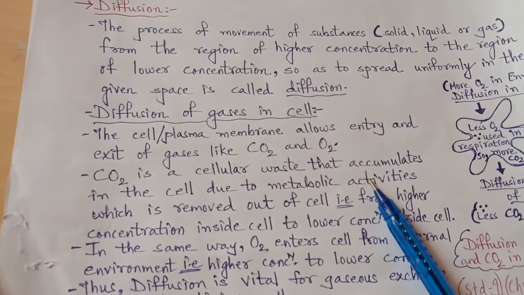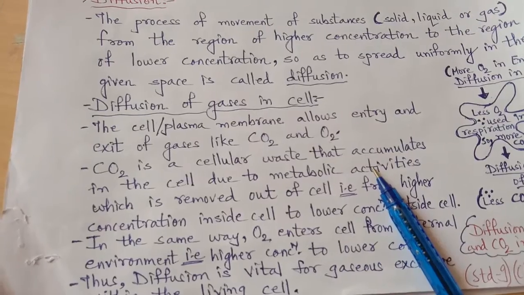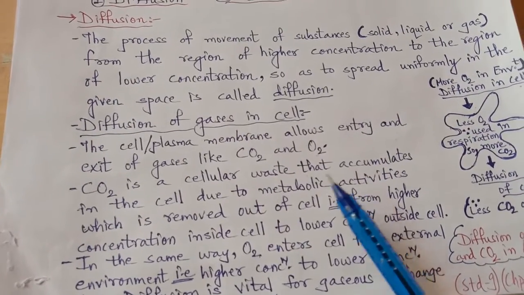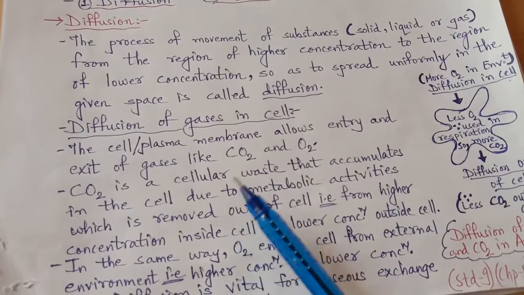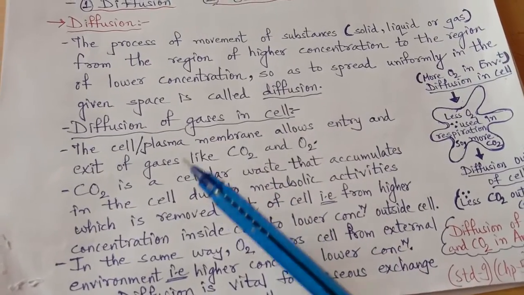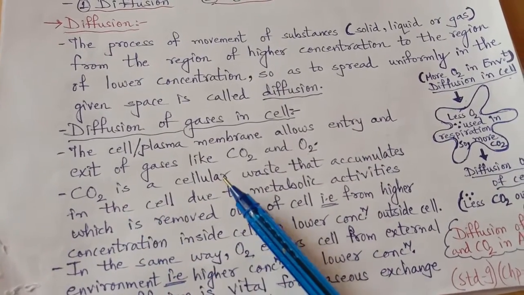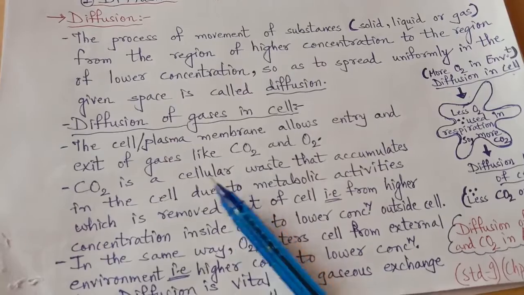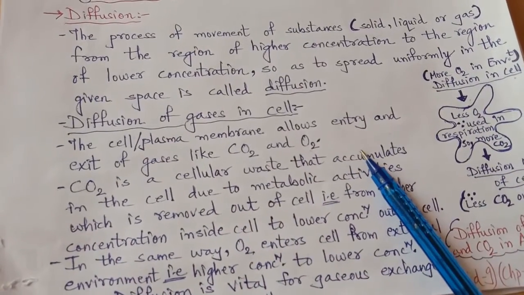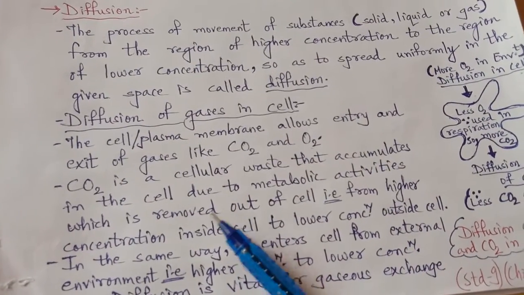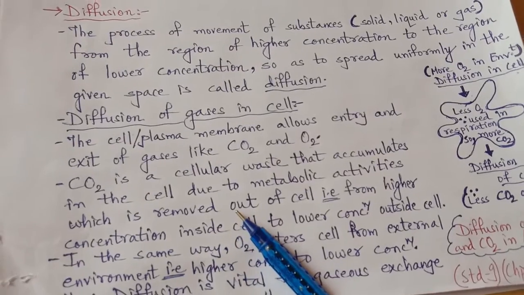So all these activities take place in our body, and due to that the oxygen gets used up, and in turn the cellular waste of the cell, that is carbon dioxide, gets collected into the cell, which is to be removed out of the cell.